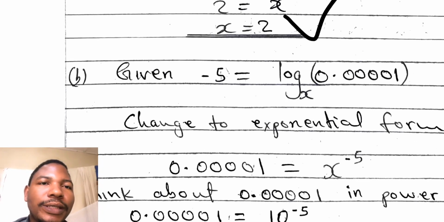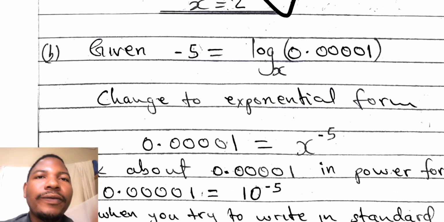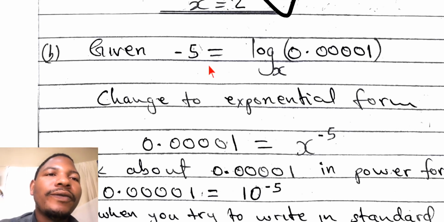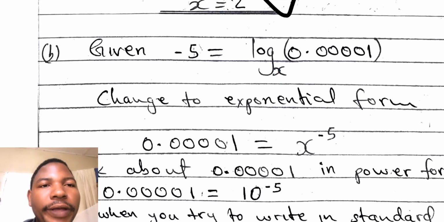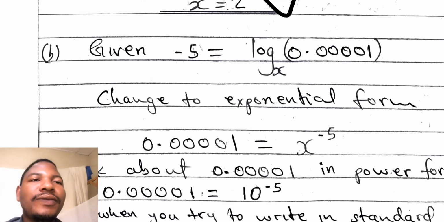But also, there's a second question here. Given that negative 5 is equal to log 0.00001 under base x. It is very simple.